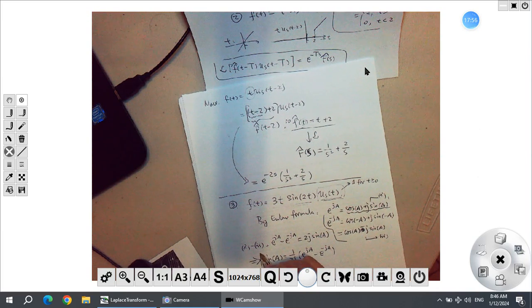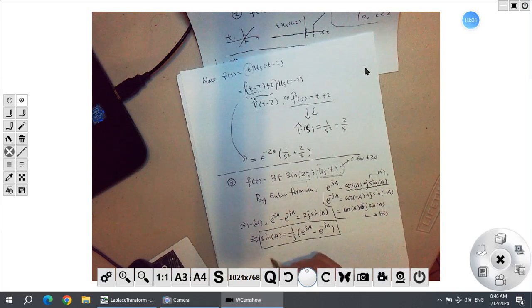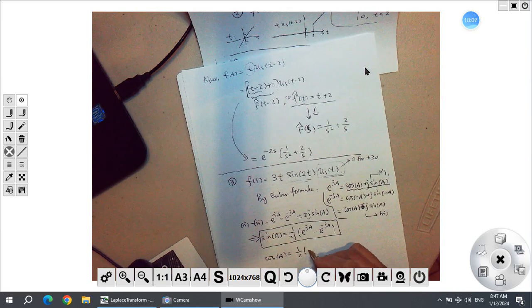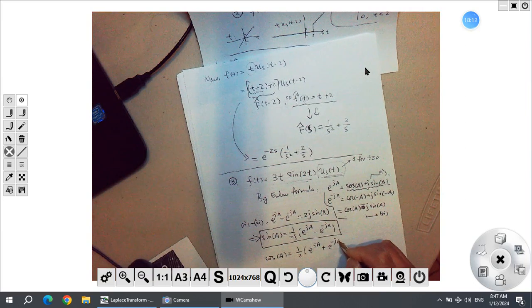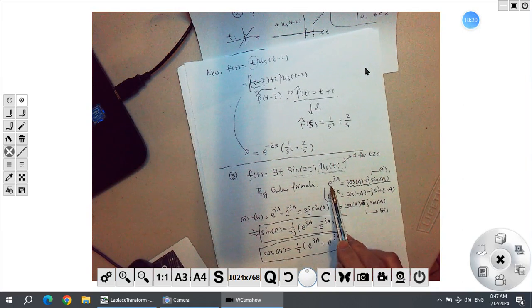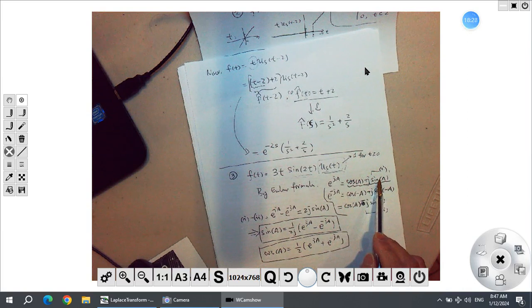You can remember this formula. We use it every time we have a sine. As well as for cosine, we have a similar equation, which is 1 over 2 times e to the ja plus e to the negative ja. These two are also Euler formulas. So the Euler formula has two sides: one side writes the exponential power with imaginary powers in terms of cosine and sine, and the other side writes sine and cosine in terms of exponential powers.